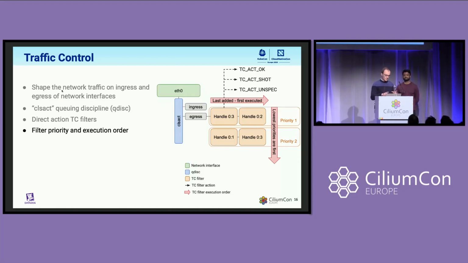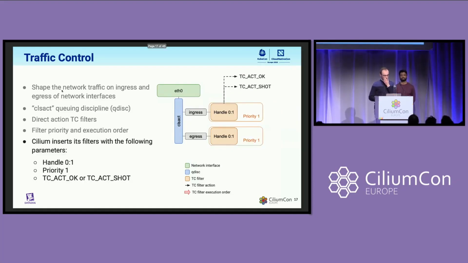So with this background, let's see how Cilium uses and configures its own TC programs. There are three main things that you need to know about how Cilium uses TC. The first one is that the TC filters always answer either TC_ACT_OK or TC_ACT_SHOT. In other words, this is one way to drop packets, and this is also a way to make sure that a packet is allowed to go through to either a workload or to go out.